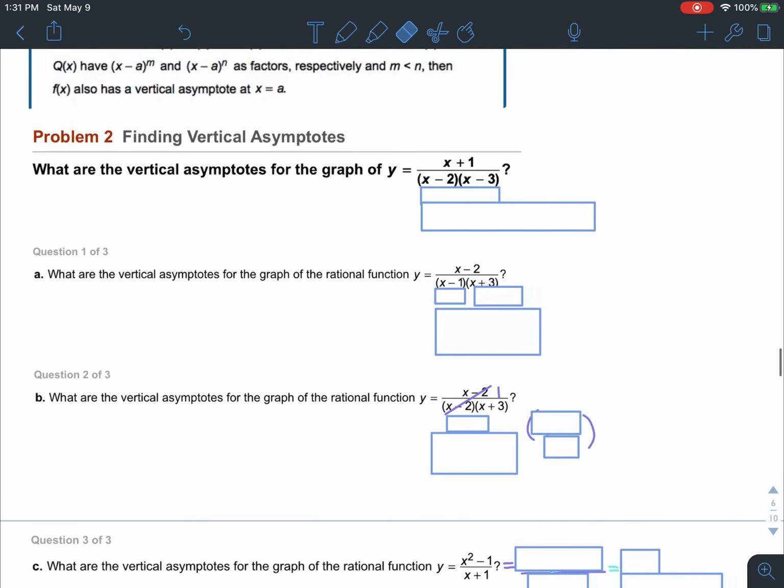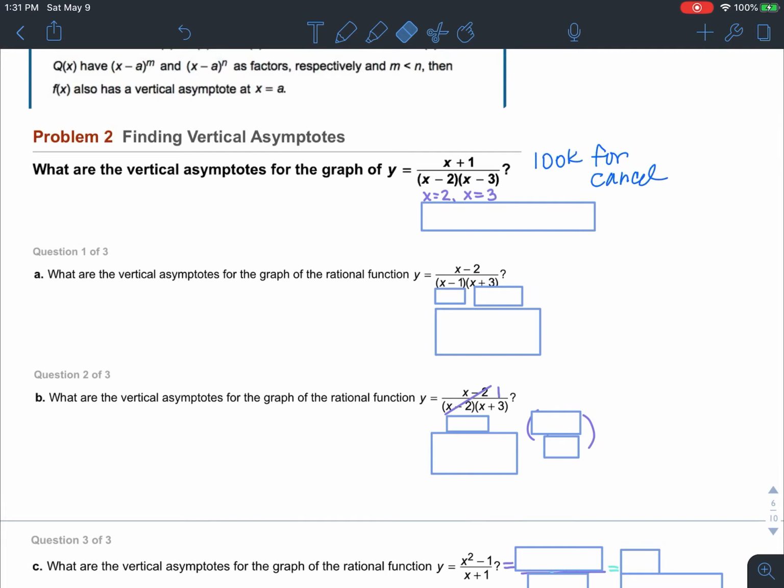Okay, so let's look here. What are the vertical asymptotes? So what you have to do is look to see if anything is going to cancel. Is anything going to cancel here? No. So because nothing is going to cancel, you're getting 2 vertical asymptotes. That's also okay. You can have a million vertical asymptotes.